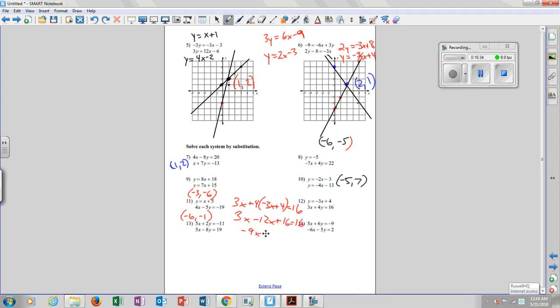Gives me negative 9x plus 16 equals 16. Subtract this over, I get negative 9x equals 0. Some of you have been stopping here and putting no solution. It's not correct. 0 divided by negative 9 is 0. Now I can just plug that in for the x. Negative 3 times 0 is 0. So y equals 4. So 0, 4.